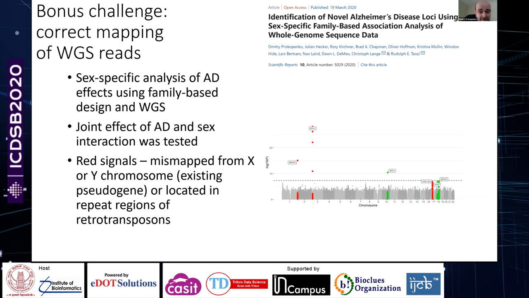We went into the quality control of the whole genome sequencing data which we have, and it looked very good, but I guess based on the read size when you do whole genome sequencing, you still can face these particular problems, especially when you look at such an environmental effect as sex.